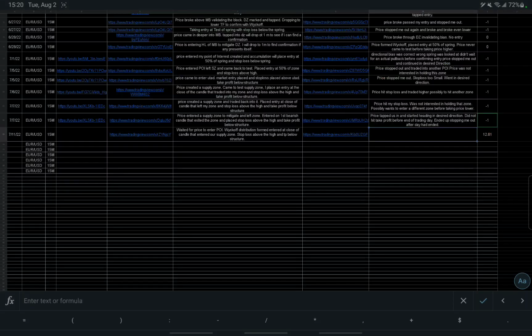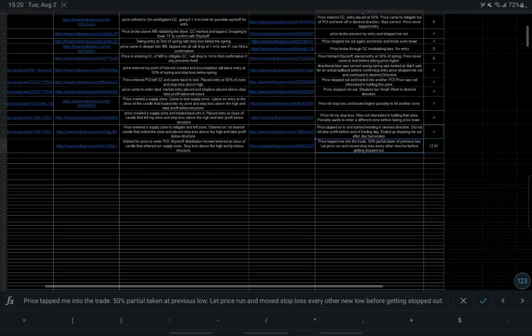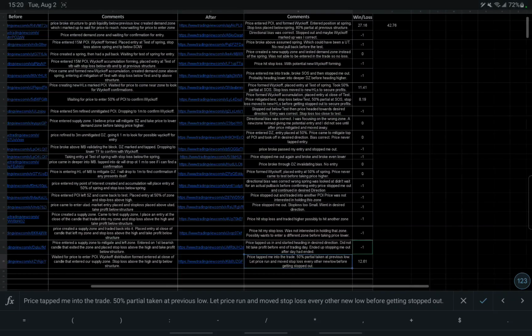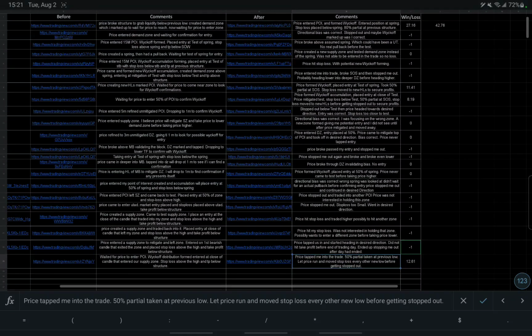Okay, now let's go back into our charts here so we can see exactly what's going on. So overall, we do have our first back test, which was last month, 27.6, a few minus ones, no trades, minus ones, and 11.41.